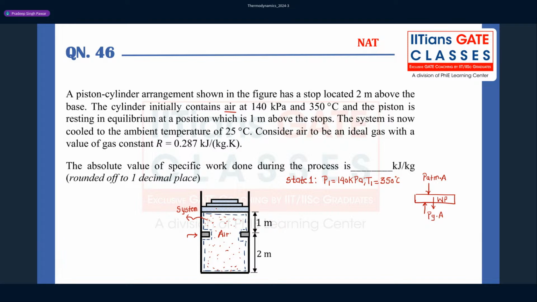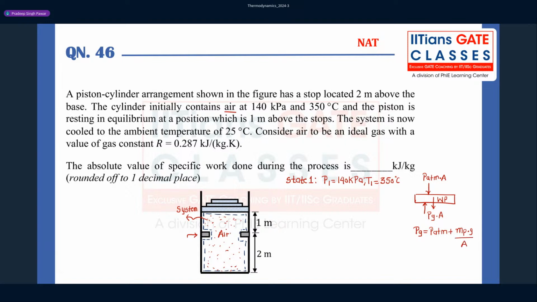The piston in state 1 is in equilibrium. If we apply Newton's second law, summation of forces equals mass times acceleration, and the piston is at rest. So the pressure of the gas is nothing but P atmospheric plus the weight of the piston, which is mass of the piston times g, divided by the area of the piston.